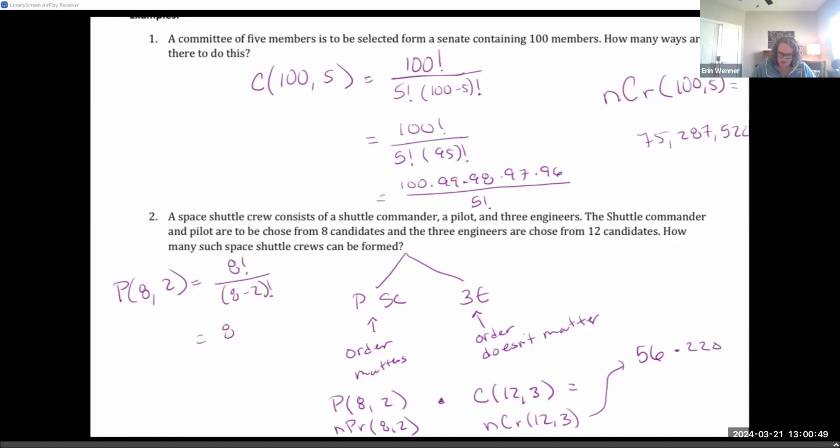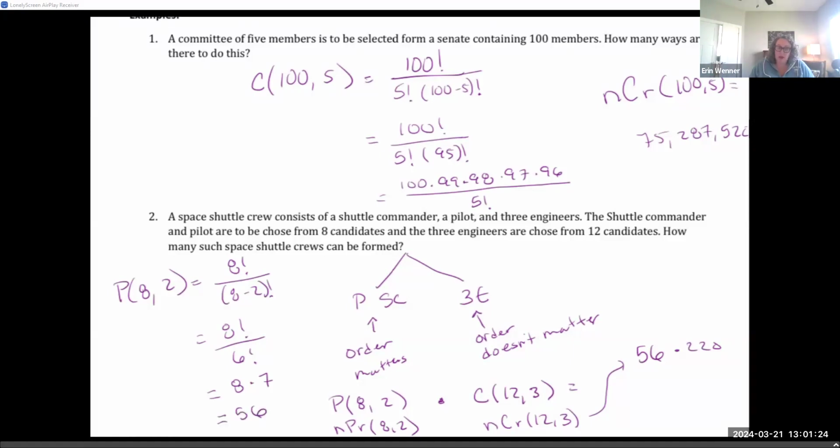That reduces to 8 times 7, because if we expand out 8 factorial, it's 8 times 7 times 6 times 5 times 4 times 3 times 2 times 1. From the 6 times 5 times 4 times 3 times 2 times 1 down, that whole bit is 6 factorial. So we can cancel 6 factorial from the denominator with 6 factorial from the numerator, and then just be left with 8 times 7, which is how we come up with the 56.